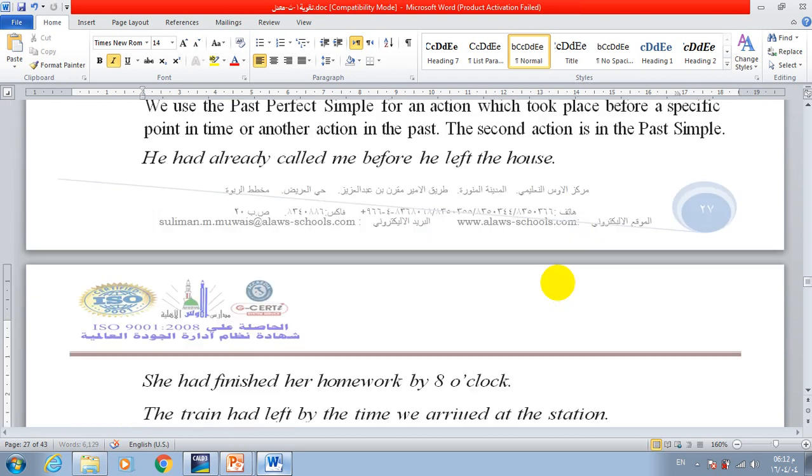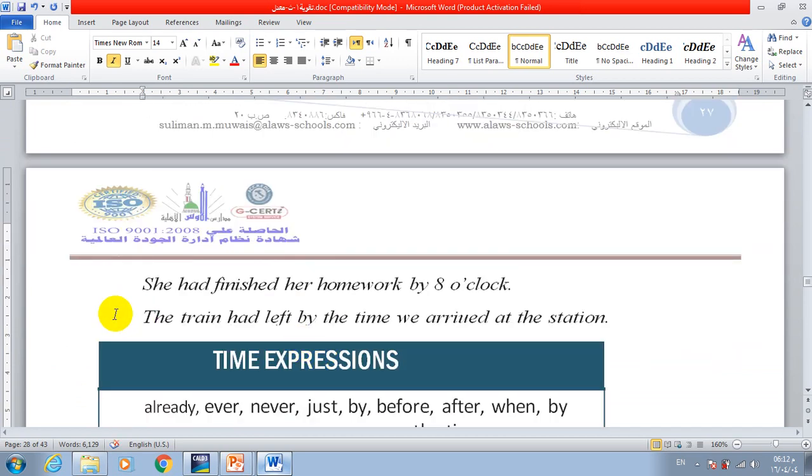Okay, this is another example. She had finished her homework by 8 o'clock. Here he wants to say that the girl finished the homework before this time, 8 o'clock. So her finishing homework is the first action, so we must put it in the past perfect. Like you see, she had finished her homework by 8 o'clock.